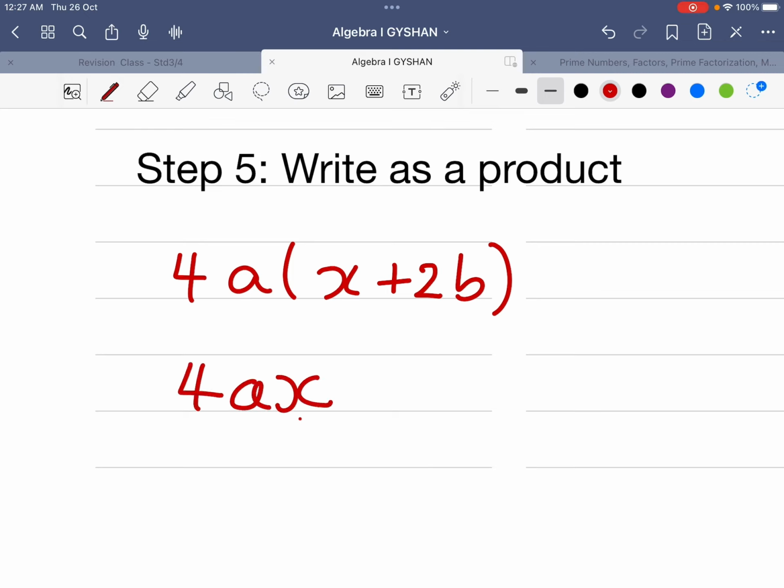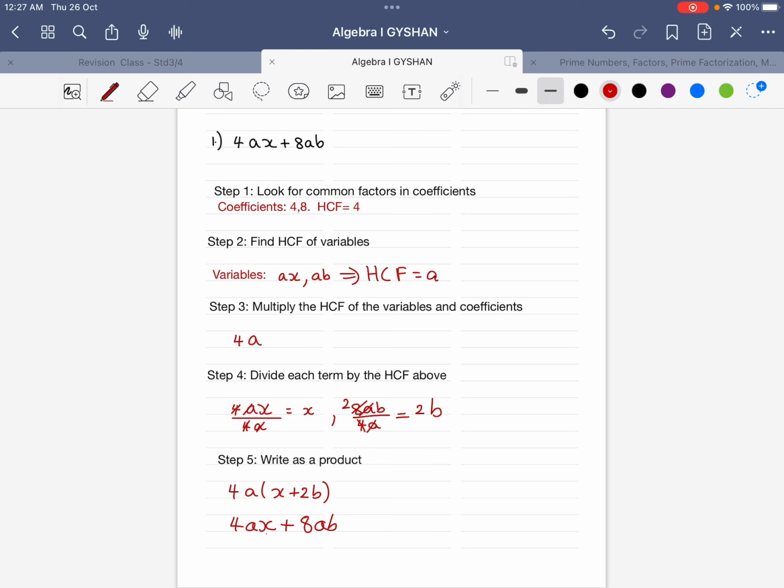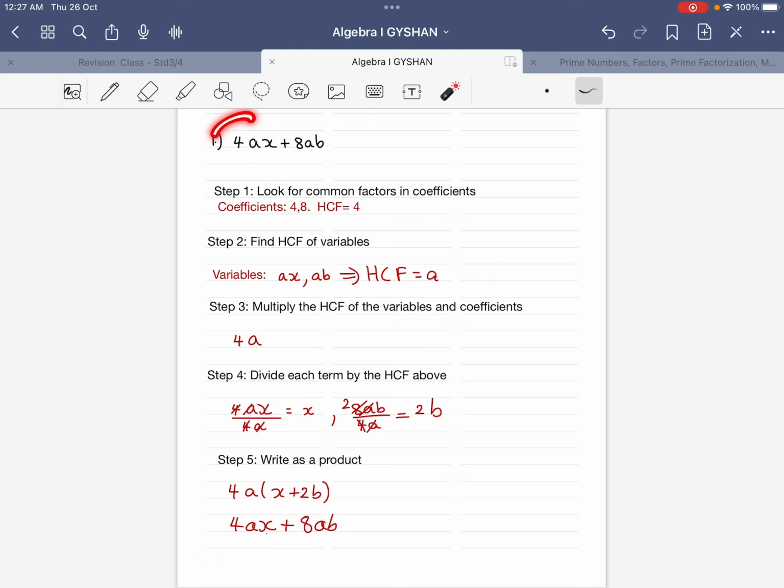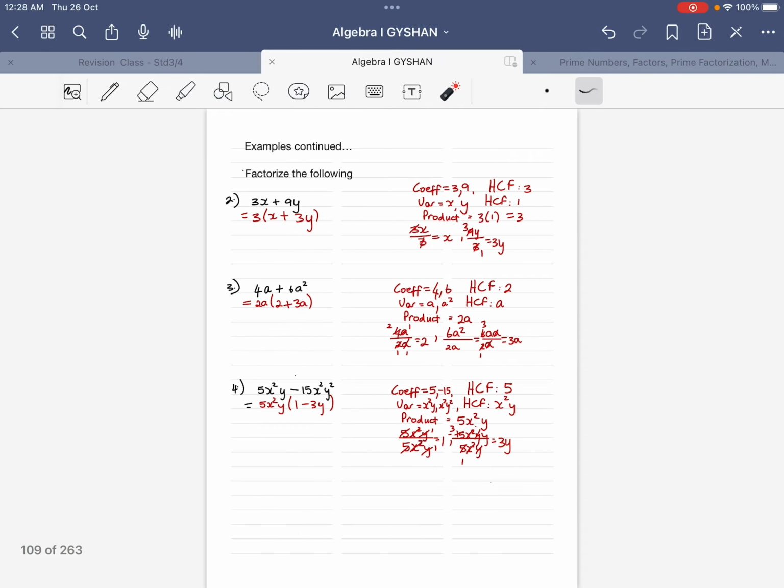And 4a multiplied by 2b, that will be 4 times 2 is 8, and a times b is ab. So notice that we got the same answer that we started with. So we are just expressing these in two different forms. This is the same as this. Okay, good. So let's continue.